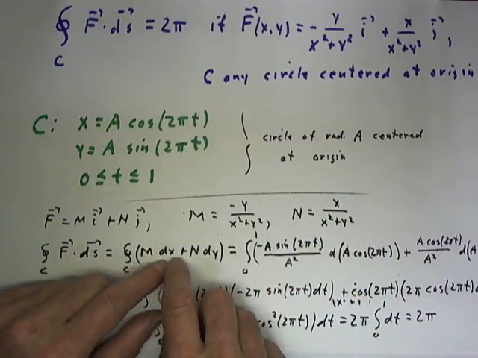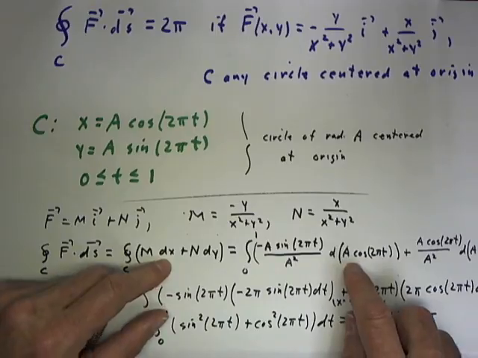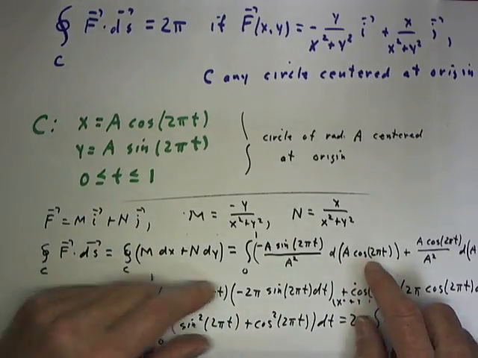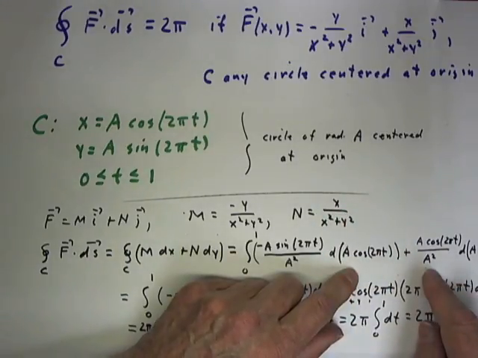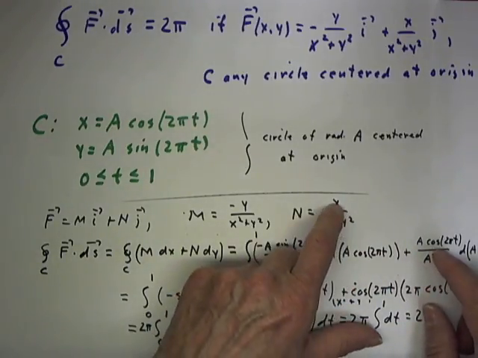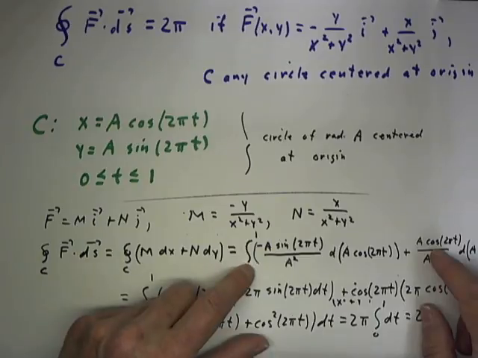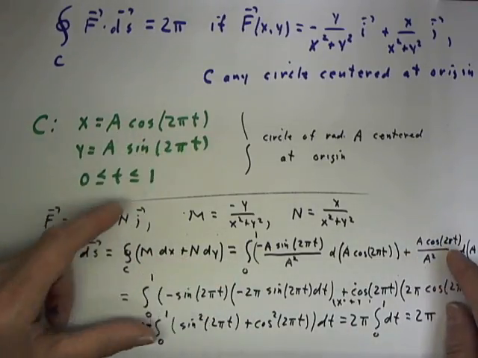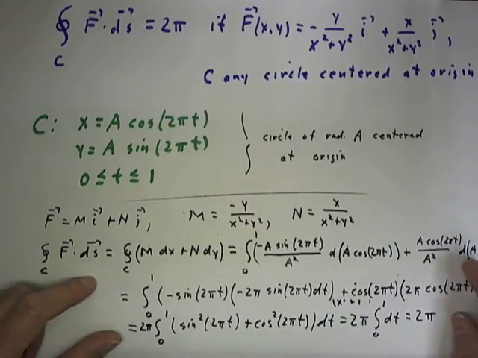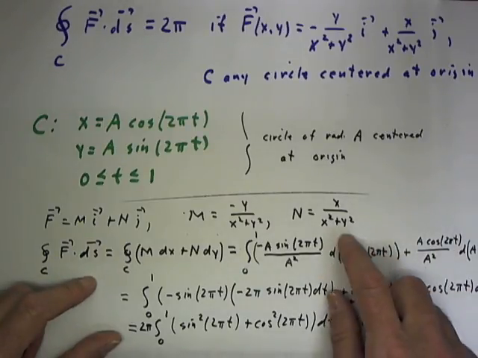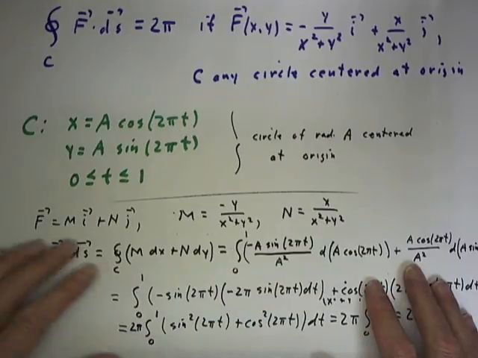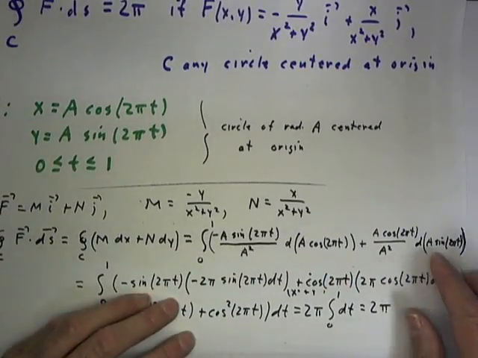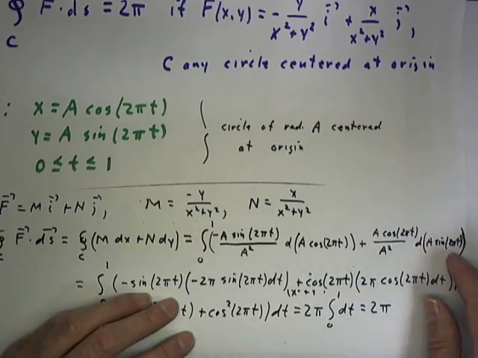Then our dx is the differential of the x expression, a cosine of 2 pi t. And then we write the same thing down for N. The only difference is that, of course, we have an x and we don't have a negative, so we're going to use a cosine of 2 pi t to represent x, and we'll have the a squared in the denominator, as we've seen, and then it's times the differential of the quantity a sine of 2 pi t.